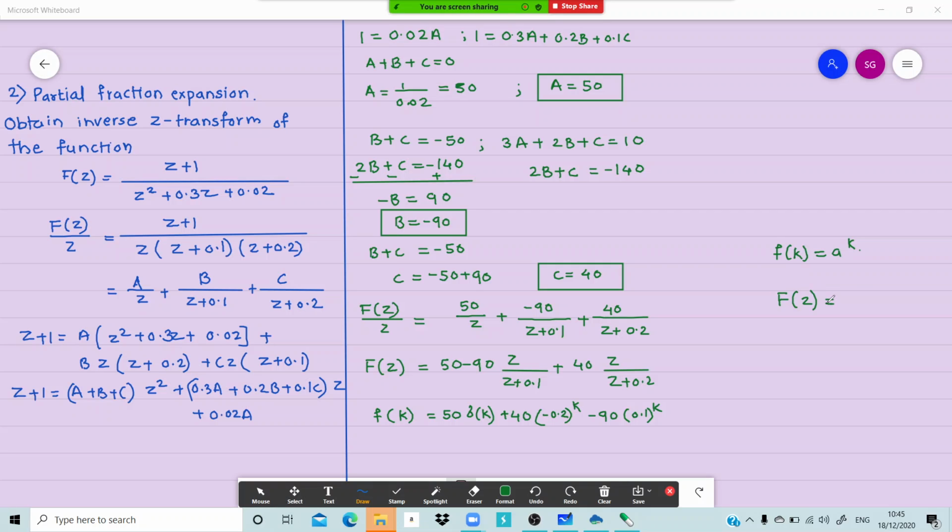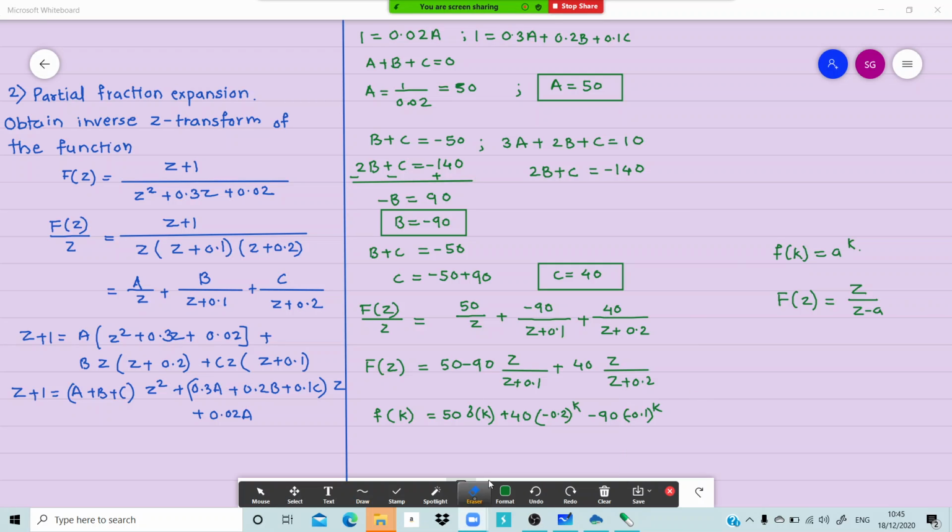If you just go back to the previous video, you will find I have given the z transform of this, which is coming out to be z upon z minus a. So you got the same format. When we revert back, it will be a raised to k. Constant will remain as it is. There is no change in the constant. So because it's 0.2, it is minus 0.2, and because it is 0.1, I should write minus 0.1.